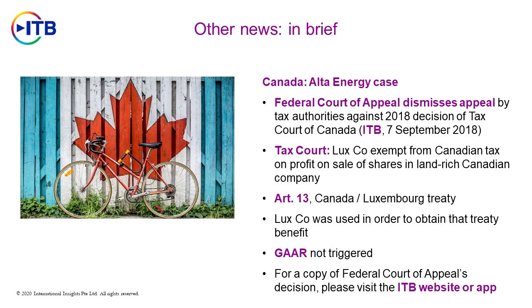The tax court had held that a Luxembourg company is exempt from Canadian tax on a profit derived on the sale of shares in a land-rich Canadian company under Article 13 of the Canada-Luxembourg Treaty, despite the fact that the use of the Luxembourg company in the structure was specifically to obtain that treaty benefit, and despite Canada's domestic law GAAR. For a copy of the Federal Court of Appeal's decision, please go to our website or app.